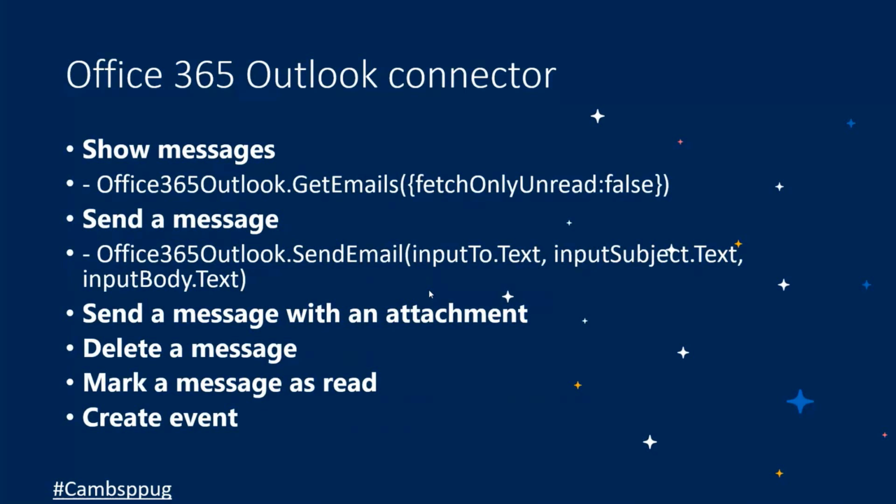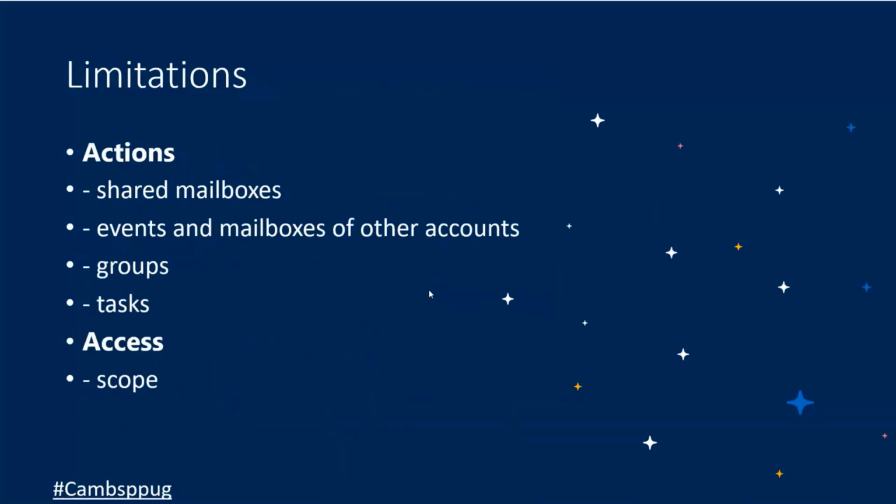We can get them with different access levels, so we can get emails, read and update them. Then we can send a message. We can also have an attachment in the message. We can delete a message, create an event. So everything. And then we need to talk about limitations.